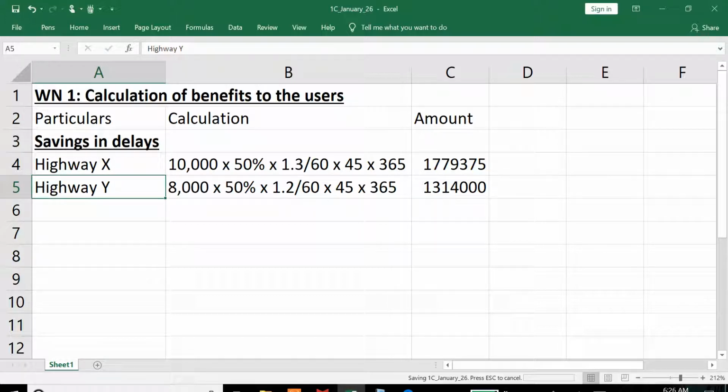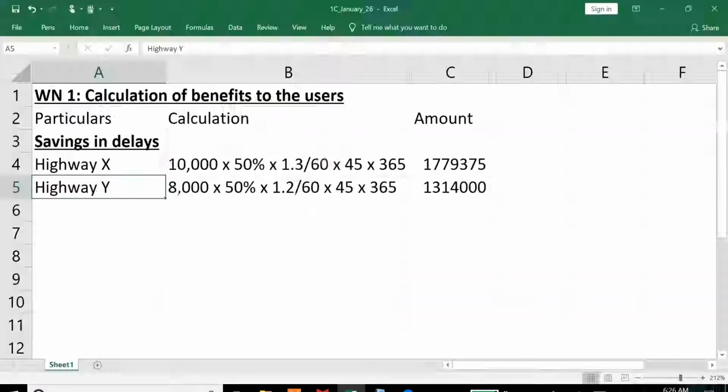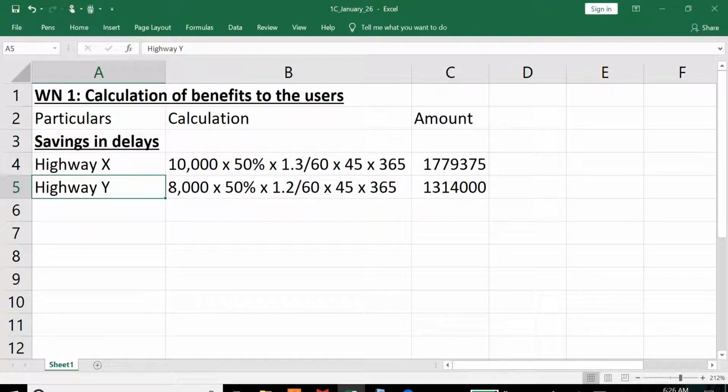Basic thing is I am not writing those two split, we have converted them into a single time, which is 45 rupees per hour. Any doubts on this?